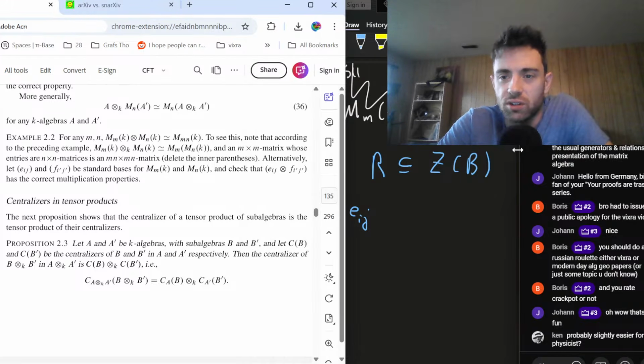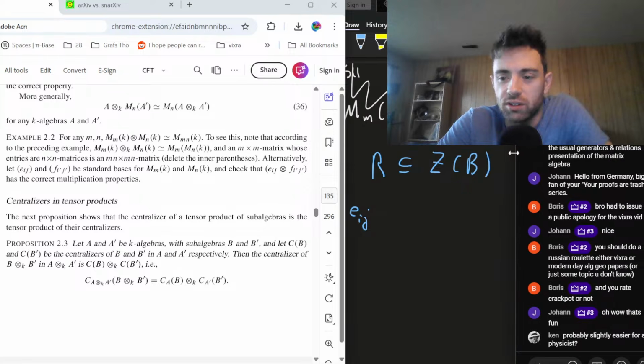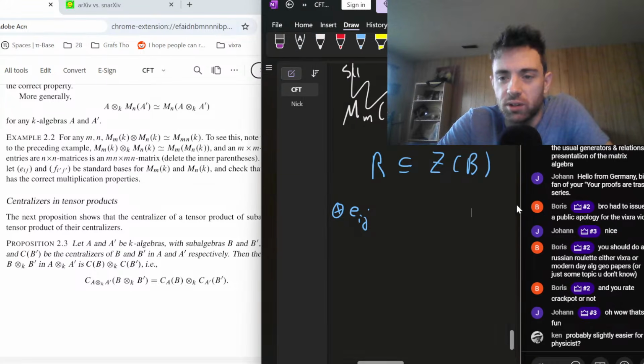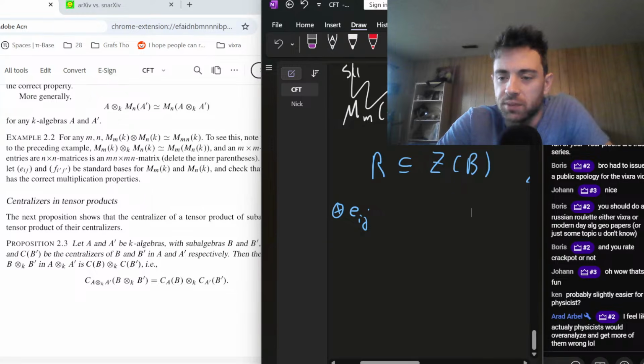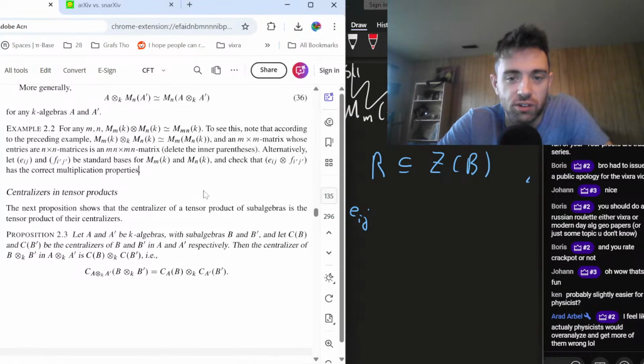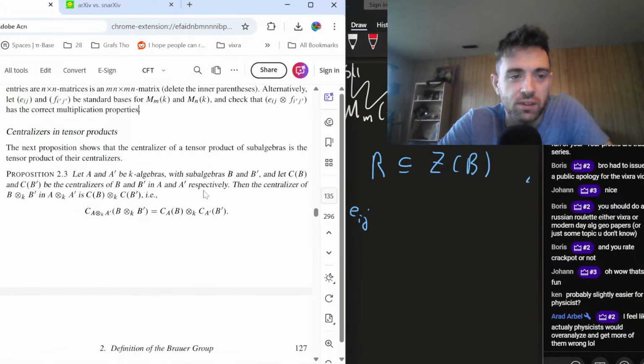Let's see. For some reason, I like seeing the colored name bubbles, the profile pic bubbles, but maybe I should just give myself more room here. You feel like actually physicists would overanalyze and get them more wrong? Maybe I got to have a physicist on here to play the game with me.